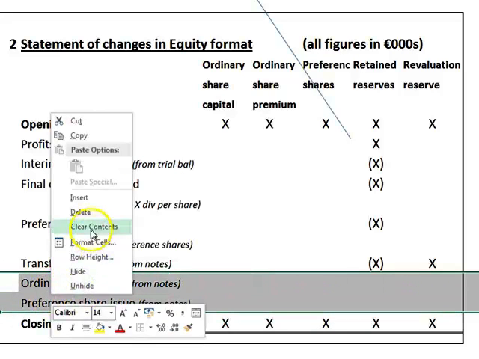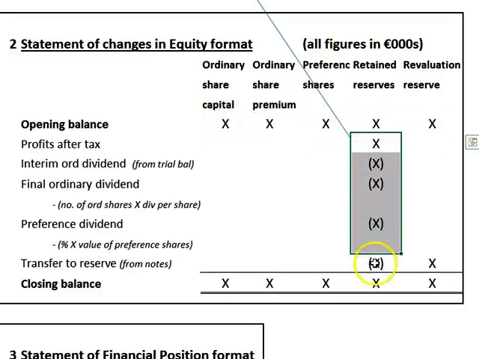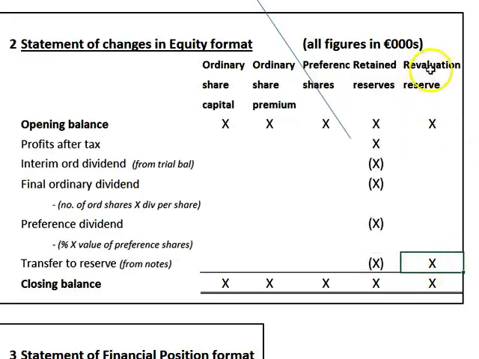So your statement of changes in equity is going to look like this: your opening balances, and then adjustments to retained reserves, or retained earnings it's sometimes called, and then the transfer to the other reserve, whatever that might be. It could be building reserve, or general reserve, or acquisition reserve. If the company thought they were going to buy another company in the future, they might be putting money aside each year to build up savings in this particular area. So that's part B, statement of changes of equity.